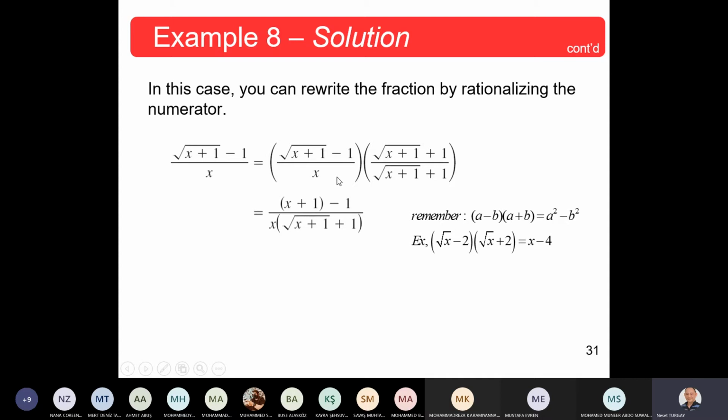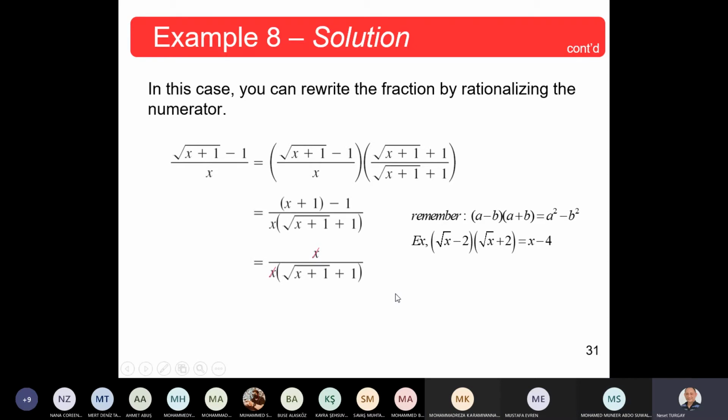In the denominator, you have x times this, and now x plus 1 minus 1. This 1 simplifies with this 1. Now x over x times this. Is this okay? So this x is simplified, and you get this.